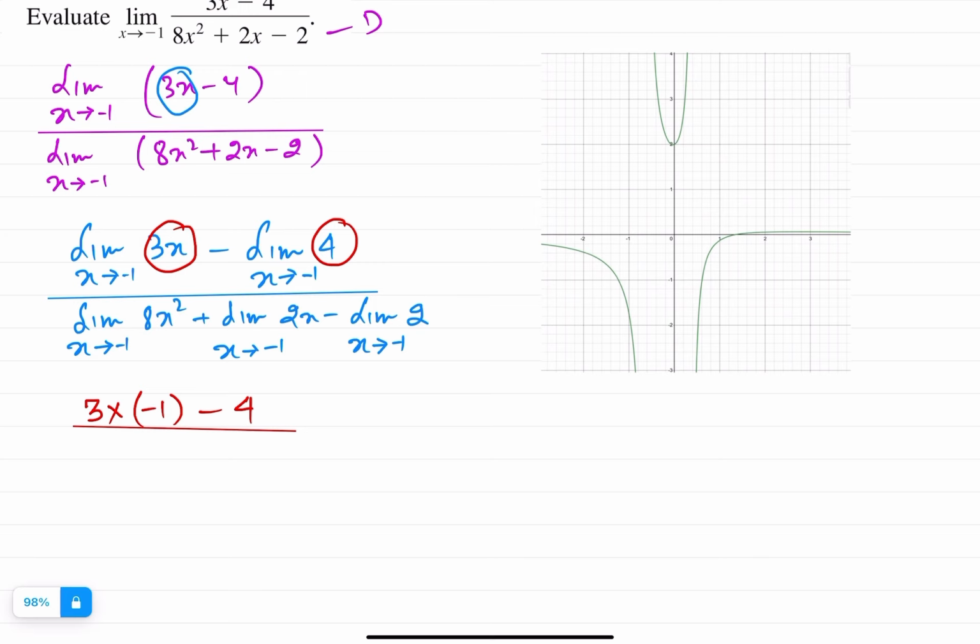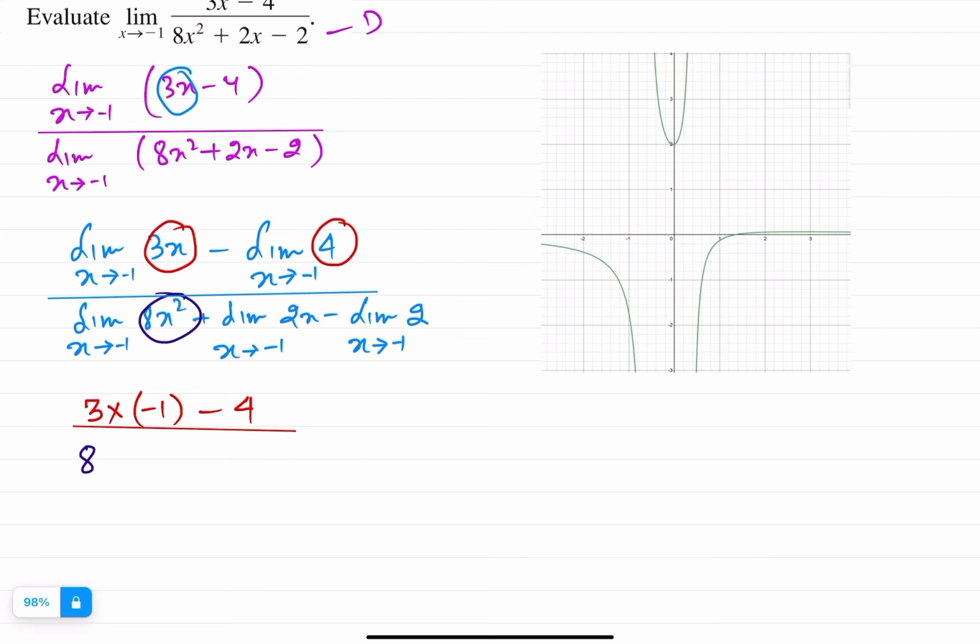The same is the case with this one. We will take the constant outside, and it is x raised to the power 2. Simply, whether it is x raised to the power 2, 3, or 4, it doesn't matter what the power is. You simply have to put in what x is approaching.